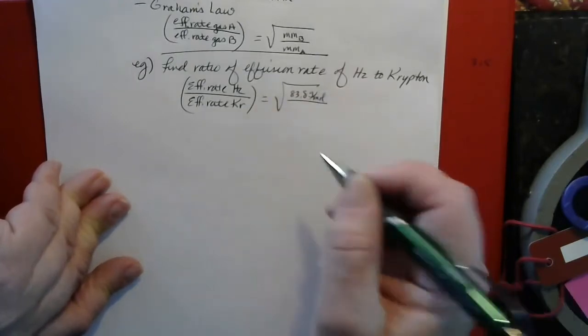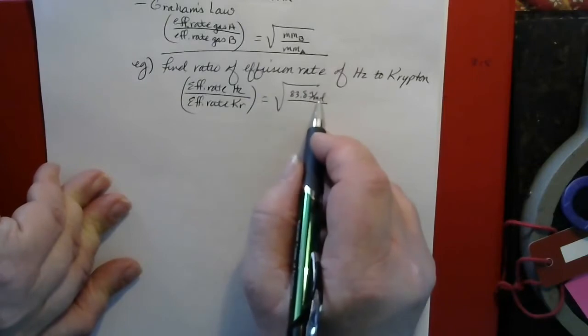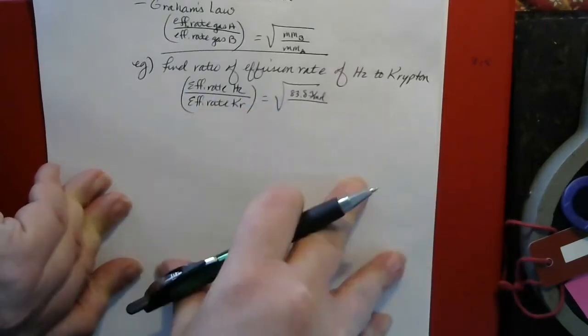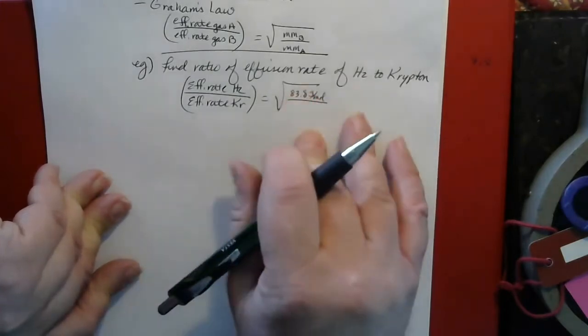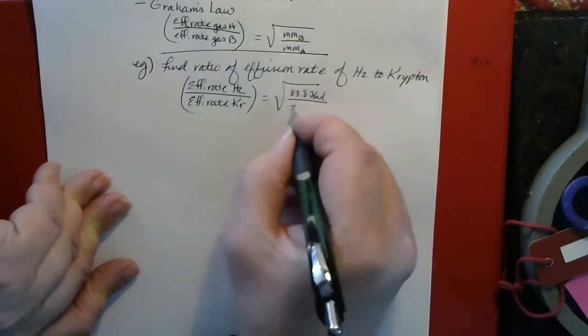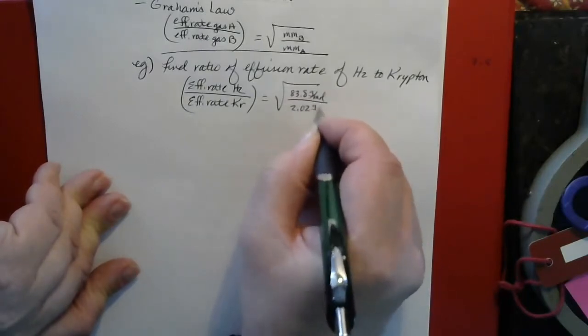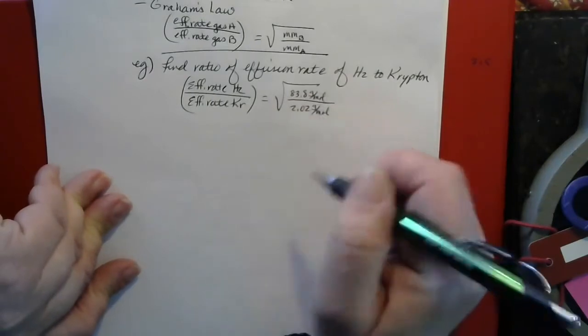In this context, the molar mass can be in grams per mole, or you can change it to kilograms per mole if you want to, because the ratio of the two numbers will be the same either way. So we'll just leave it in grams per mole, because the units are going to cancel out anyway.